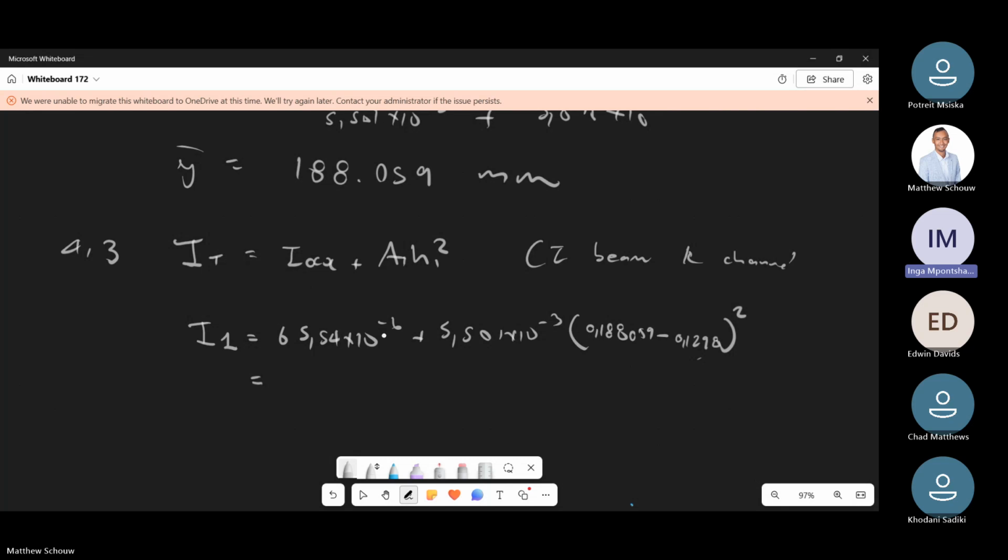I'm getting 18.73 times 10 to the power -3. 18.74. It should be a -6 value, no? It's not going to deviate that much. Okay, it's fine, I'll accept it.